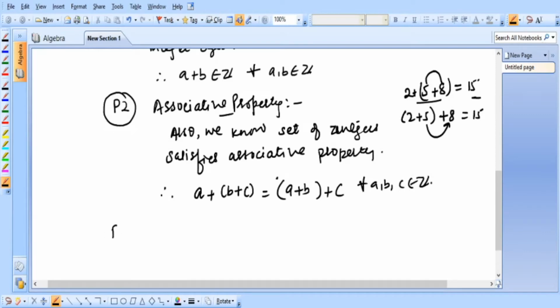So now see property number 3, existence of identity.